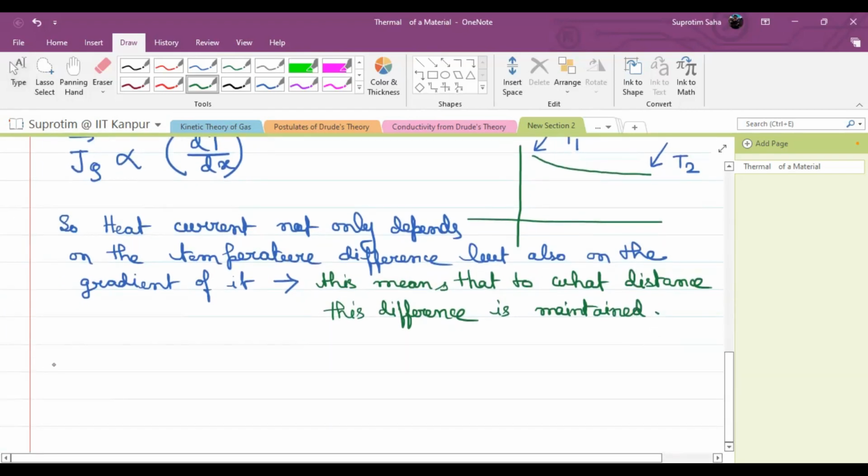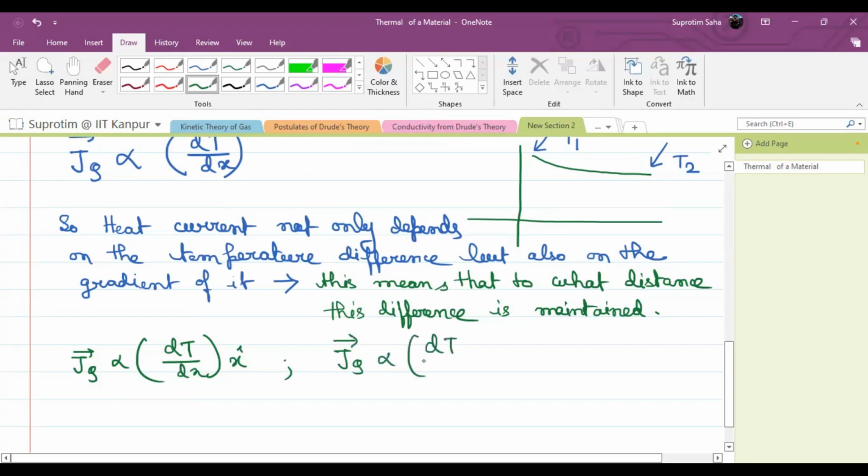So we were considering one direction only. For all the three directions, this JQ will be proportional to dT over dx. Likewise, this JQ is also proportional to dT over dy, y cap.